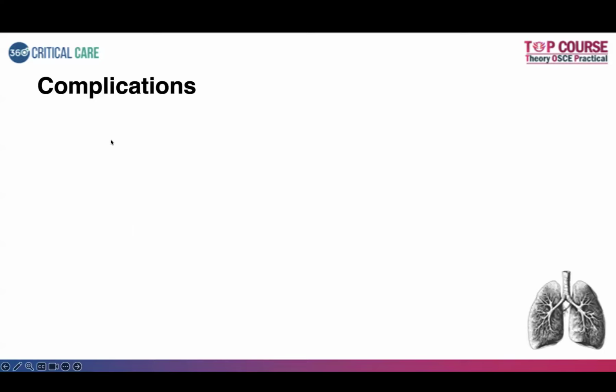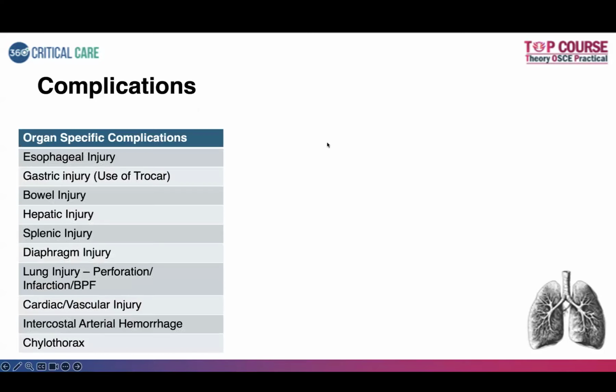So coming to the complications, you can have organ-specific complications like esophageal injury or gastric injury with use of trocars, bowel injury, hepatic, splenic, or diaphragm injury, especially if you are putting the thoracostomy tube at a very low level. Or, because of high pressure that is pushed into the lung, it can cause lung injury in the form of perforation, infarction, or a bronchopleural fistula.